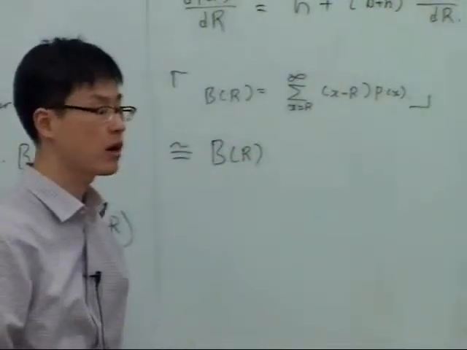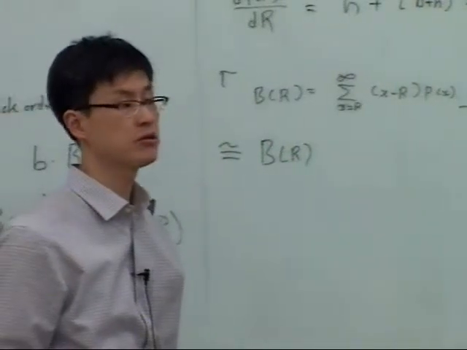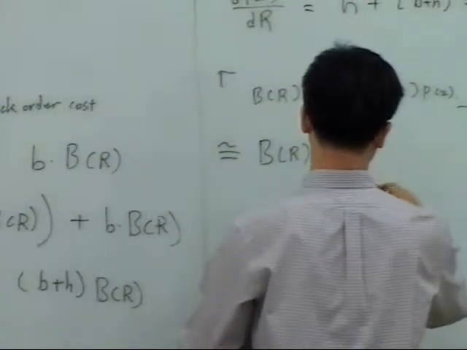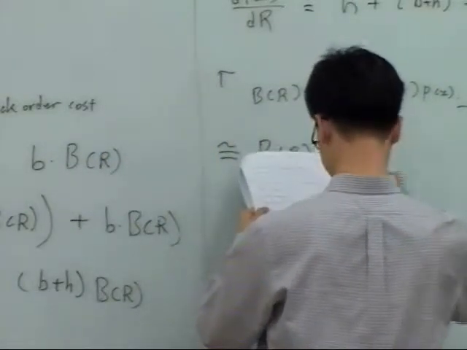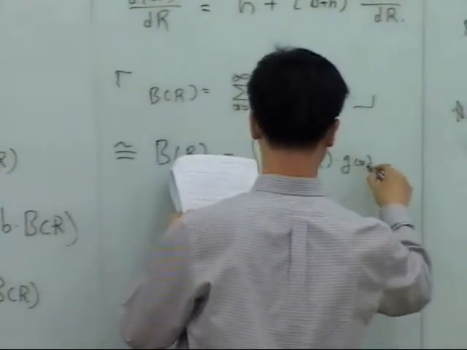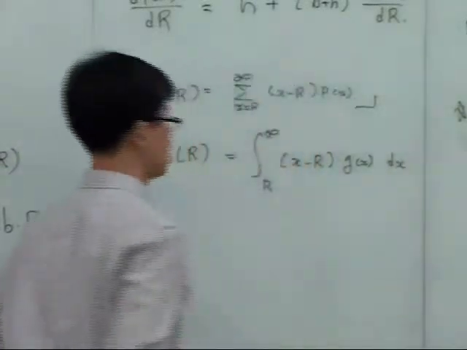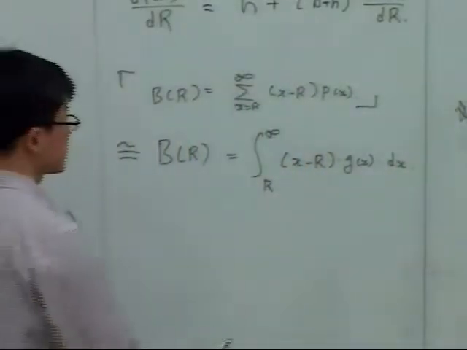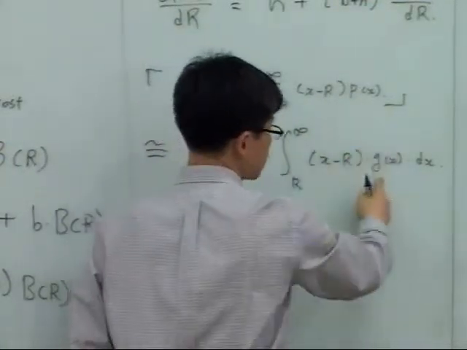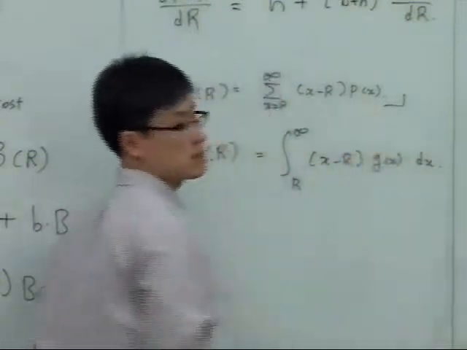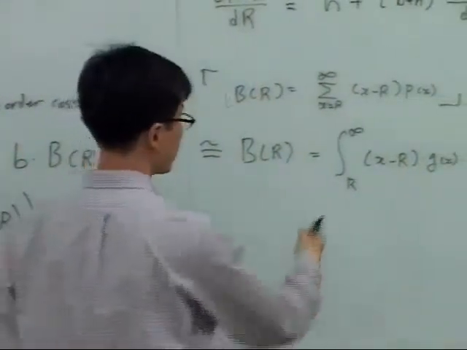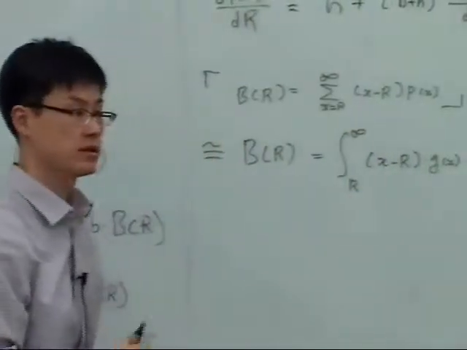We transform our BR function into a continuous version, which is like this. The difference is that now the x minus r part remains the same, but we introduce the small gx instead of this px, which will take care of all these transformations.